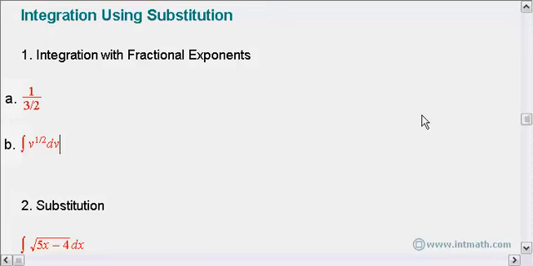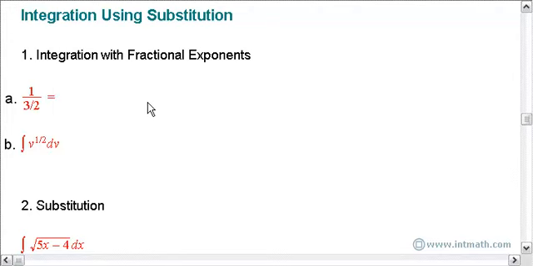Integration using substitution. Let's start by looking at an example with fractional exponents, just a nice simple one. Before I start that, we're going to have quite a lot of this sort of thing going on where we get some kind of fraction on the bottom of a fraction and it gets confusing.